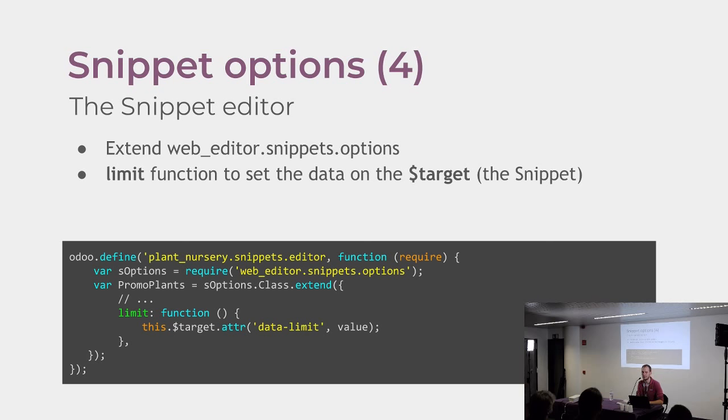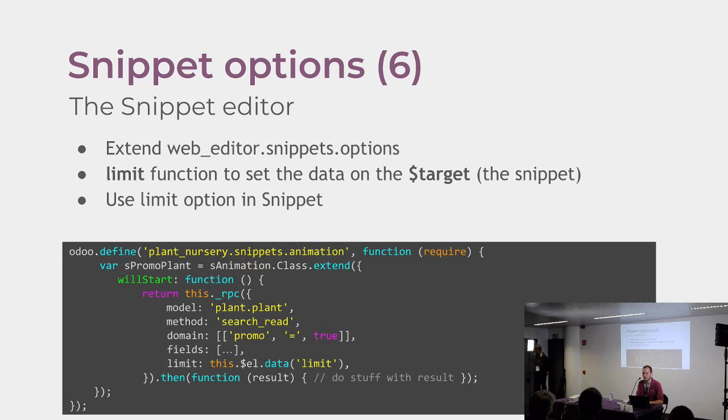So now the only thing to do is, because your limit is already set, so you have the information on the instance of the building block, you just have to, when fetching the plans, set a limit, and this is done here. So when fetching the data, I just set a limit with the number the user has chosen, and that's it.